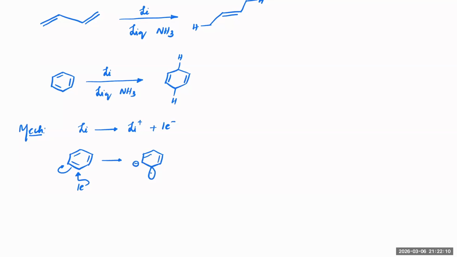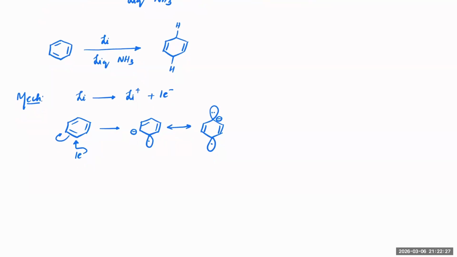The whole point of Birch reduction is to keep these electrons as far away as possible. Through resonance, the double bond can be pushed here and the lone pair can come here, and the single electron can be here. Now they are far away from each other. Once they are far apart, that's when it will react with ammonia and take away H plus. So we'll get H here, double bond, and single electron.